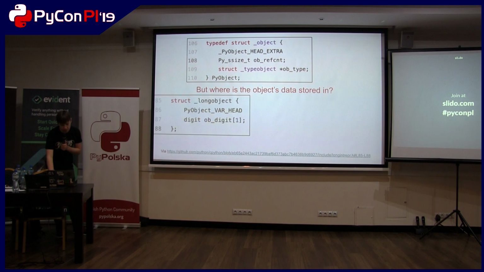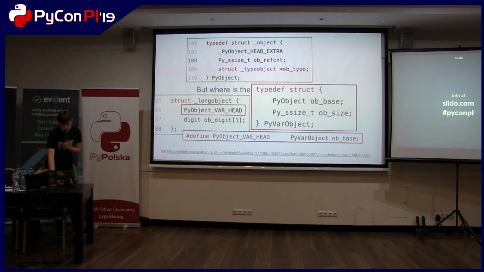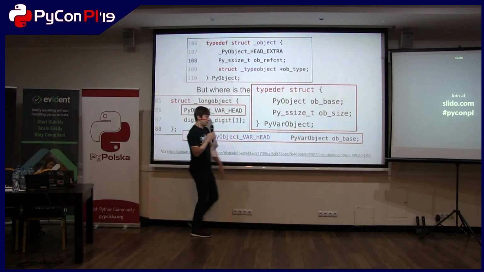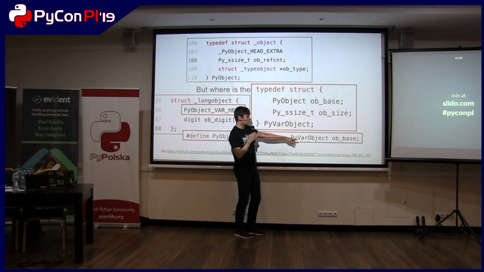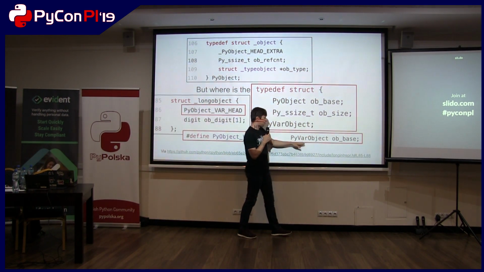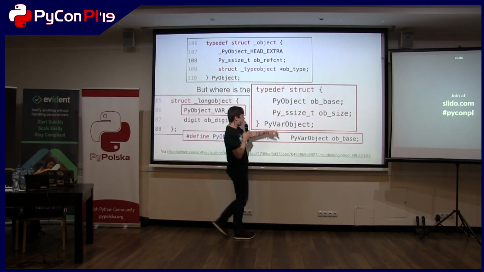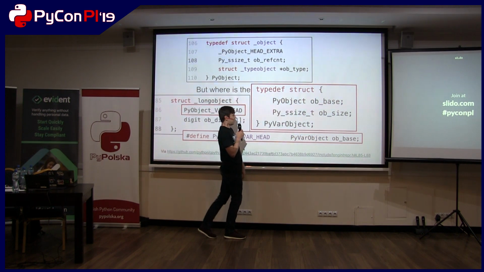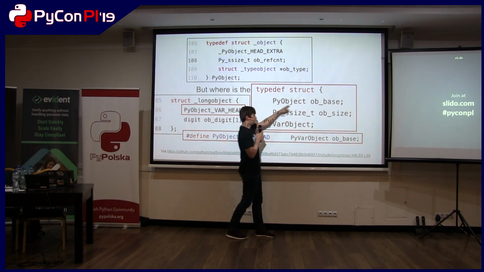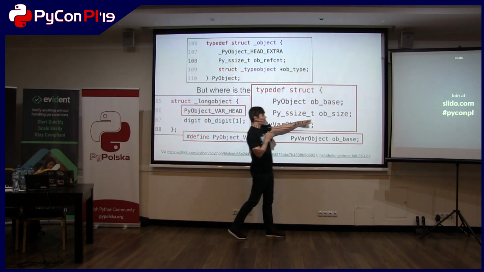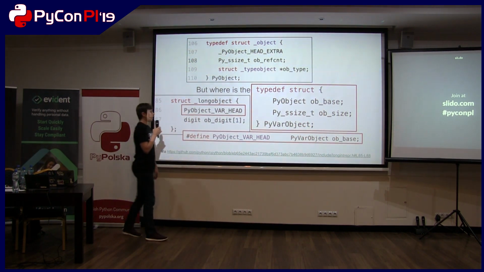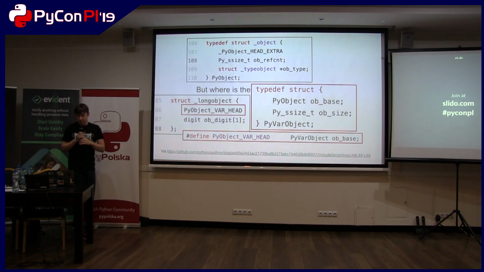The first of which is PyObject_VAR_HEAD, which is a macro that says I want to have a field called ob_base, which will be PyVarObject. And this PyVarObject actually has two fields: again ob_base, which is PyObject, and ob_size, which is the size of the variable data. So that's the first field of the long object.